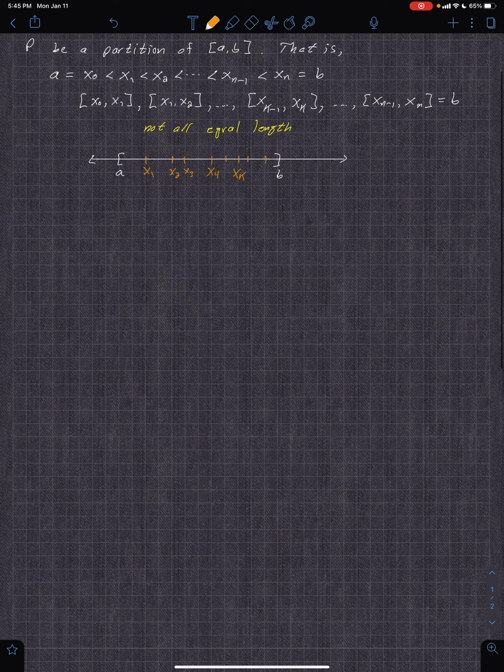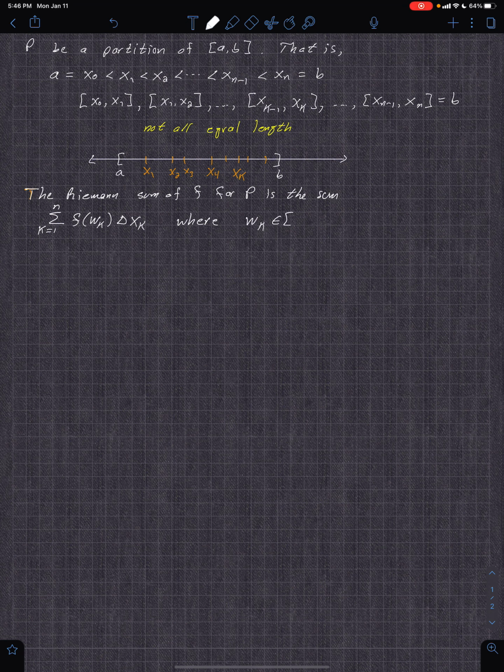Okay, the Riemann sum of f for P is the sum as k goes from 1 to n of f of w sub k times delta x sub k, where w sub k is an element of the kth interval, x sub k minus 1 to x sub k.